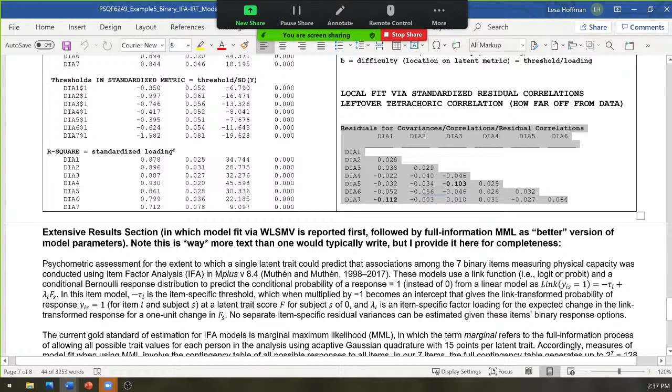And depending on how the model is phrased, it may predict the red part as the goal of the binary outcome, or it may predict the green. And this corresponds to the threshold versus intercept distinction that we've been talking about.